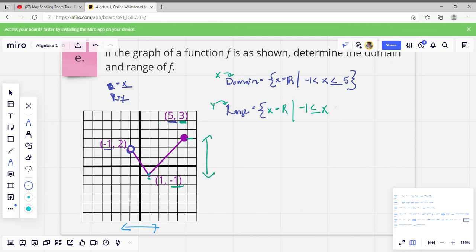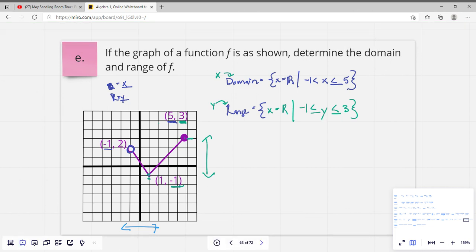And then less than or equal to 3. Okay, so our lowest point is -1, our highest point is 3. Oops, that's not supposed to be an x in there. That is supposed to be a y, because this was our y. There we go. All right.